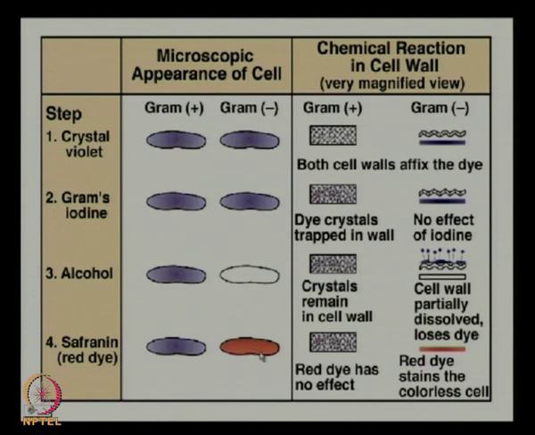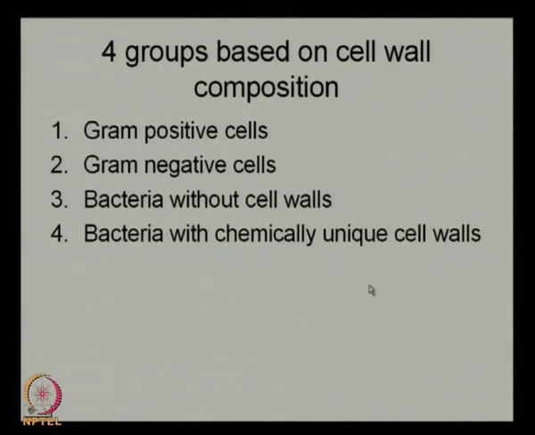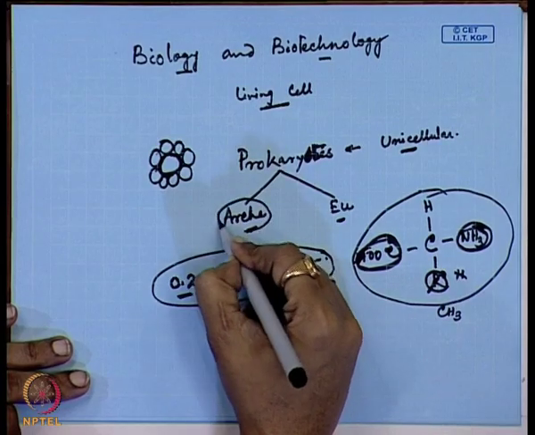pili is present in the group of bacteria where the peptidoglycan chain is very thin and an outer membrane is there. So, this is the structure of the cell wall of bacteria. In some cases, we can find bacteria without a cell wall, and in some cases bacteria with a chemically unique cell wall. That type of bacteria comes under the category of archaebacteria.